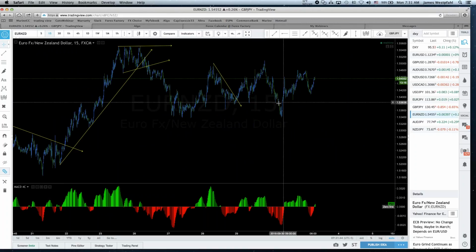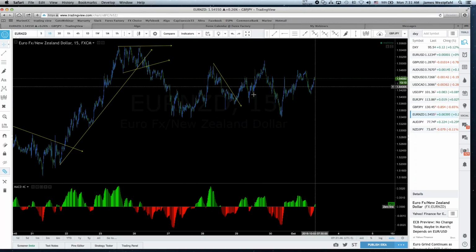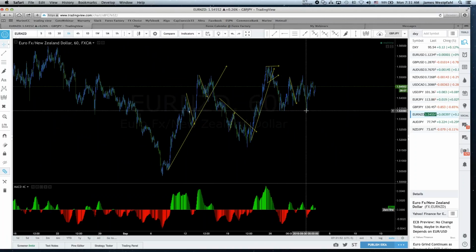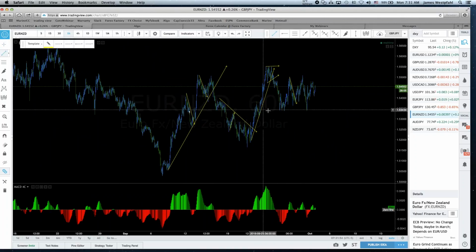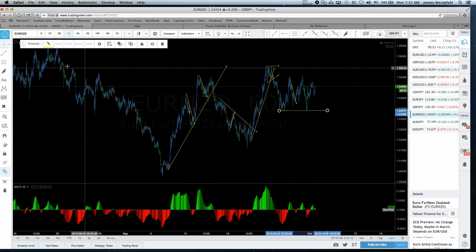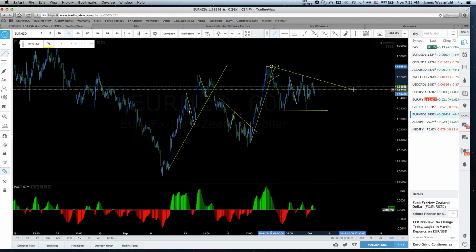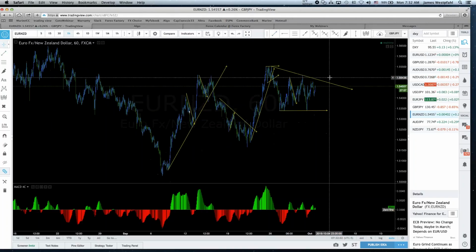Euro NZD, flat across the board here. This is making some type of flat. Aussie yen.